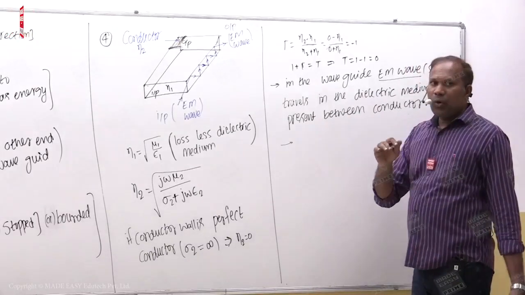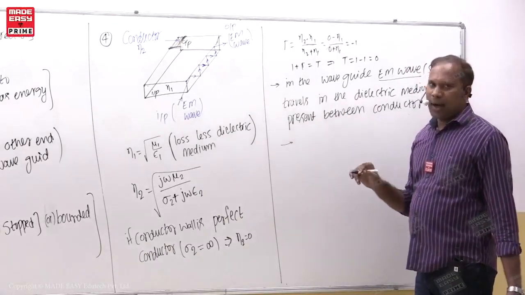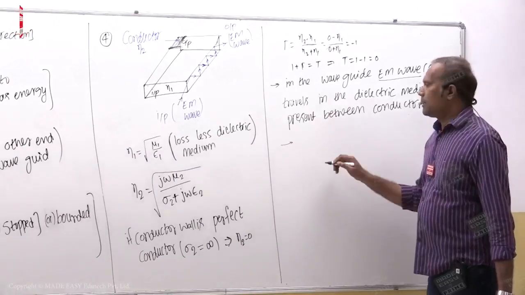Next, in which direction does the signal go along the waveguide axis? How? Through multiple reflections.